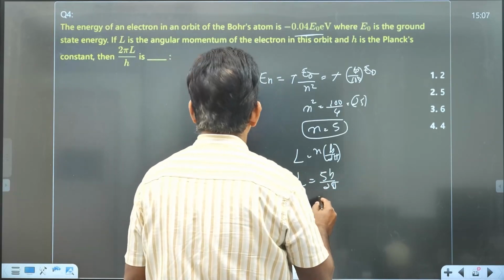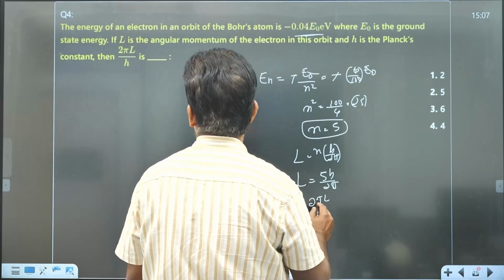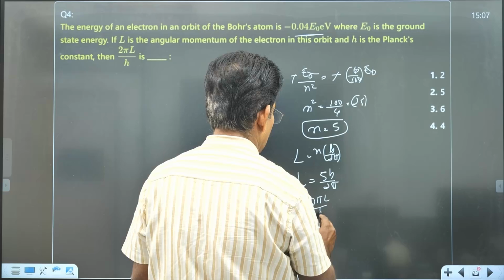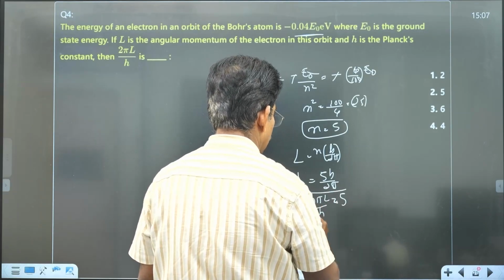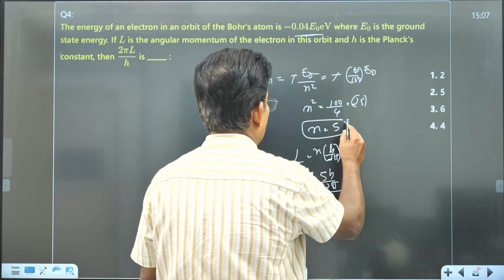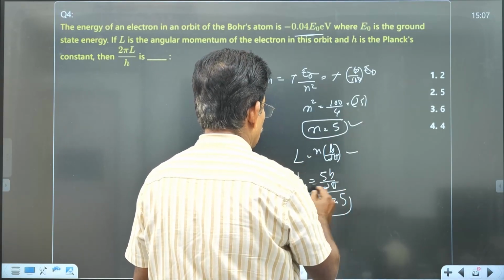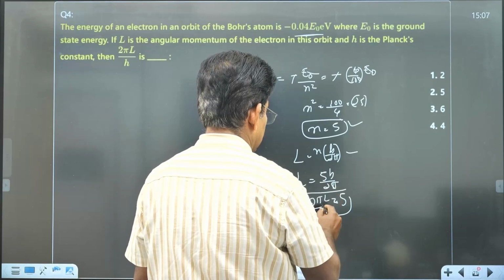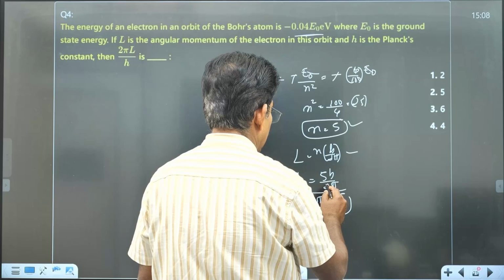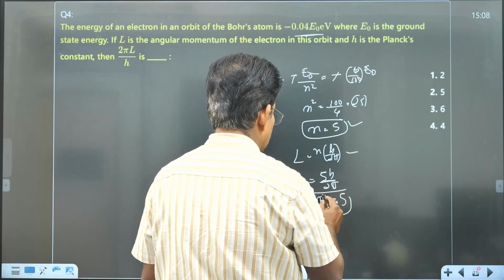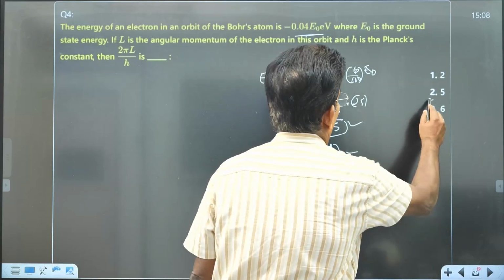Therefore, 2 pi into L by h will be 5. So first you get the orbit number, then L is equal to nh by 2 pi. So the answer is 5, option 2.